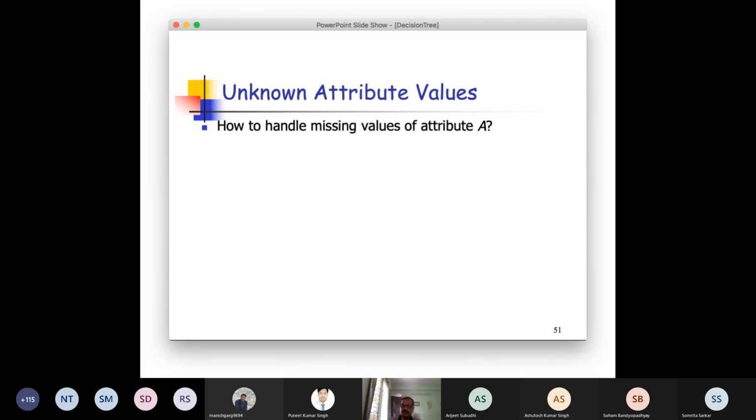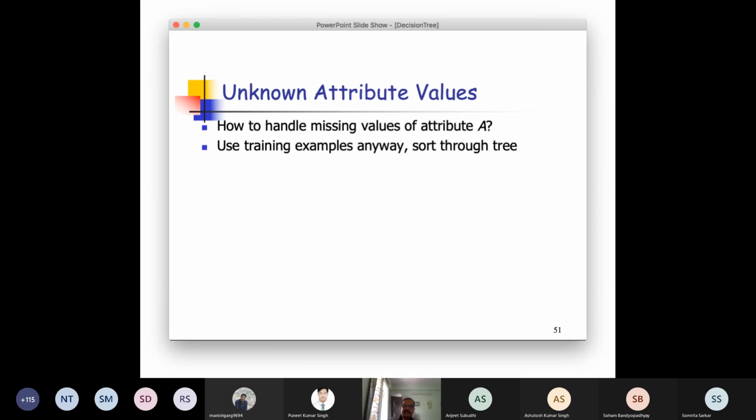Since the attribute value is missing, you are not able to get into that kind of partition. So what should you do in that case? There are various things. Let me tell you one by one.